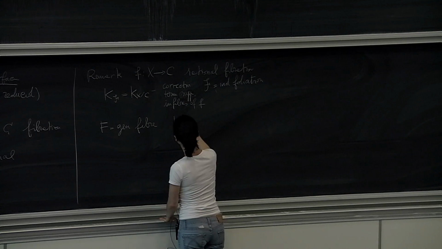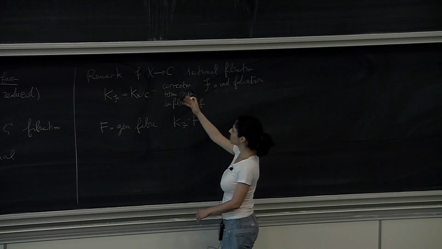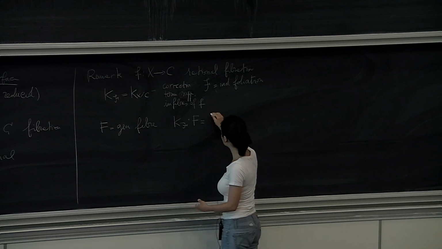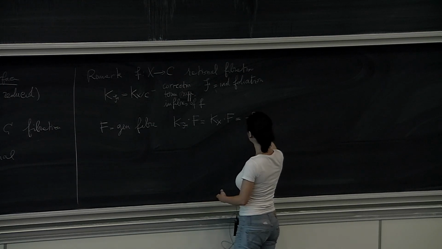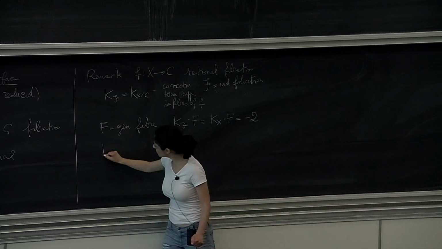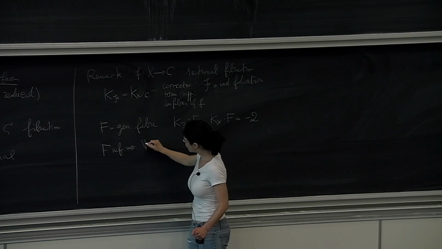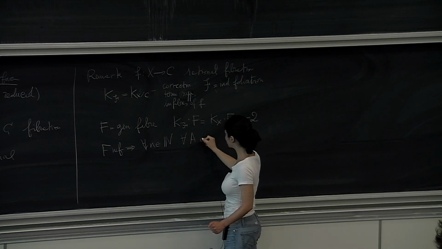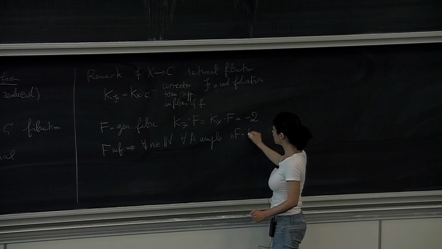Then K_F dot F: the intersection with the pullback of the canonical of C is 0. So this is K_X intersected with F, that's -2. And now F is a divisor. Let's say for all natural numbers n and for all A ample divisors, nF plus A is ample.